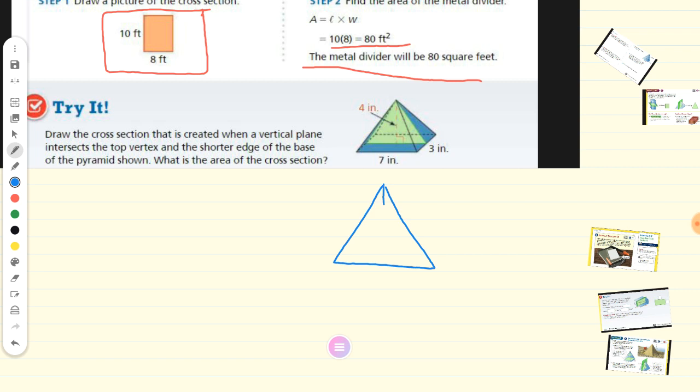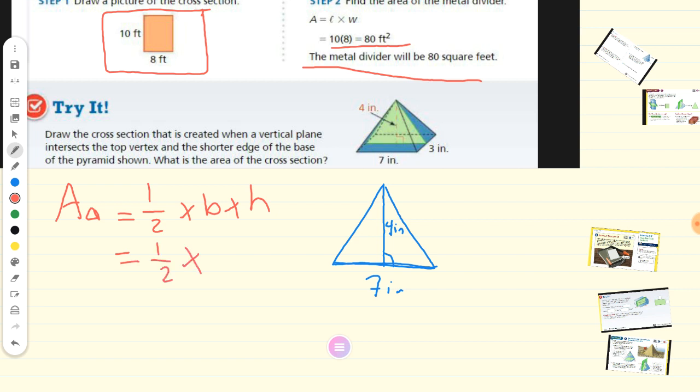This triangle has height 4 inch and base 7 inch. And to get its area, the area of a triangle equals half times base times height, which is equal to half times base, here 7, times height, which is 4, and at the end equals 14 inch square.